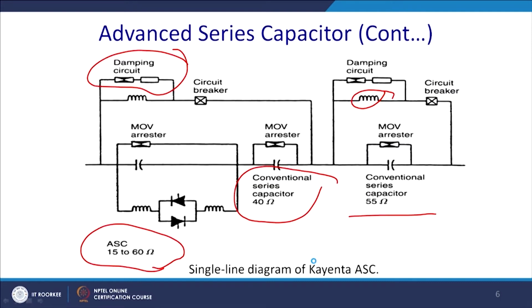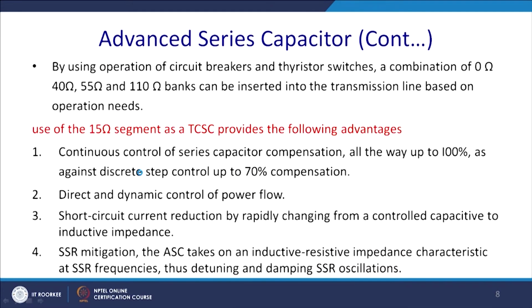You can see this: this is 55 ohm, this is 40 ohm, and this is generally 15 ohm. By using the operations of the circuit breaker and thyristor switches, a combination of 0 ohm, 44 ohm, 55 ohm, 110 ohm banks can be inserted into the transmission line based on the need of the operation.